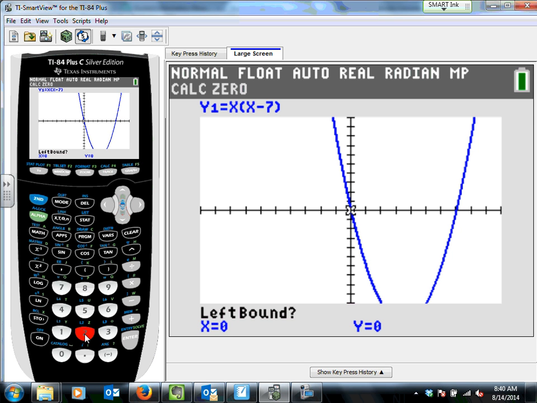Then it's going to ask you for a left bound. Go a little bit to the left of where you think the zero is. Then for the right bound, go a little bit to the right of where you think the zero is. Then it'll ask for a guess, so you hit enter, and it'll give you that coordinate is 0, 0. You can do the same thing over here.